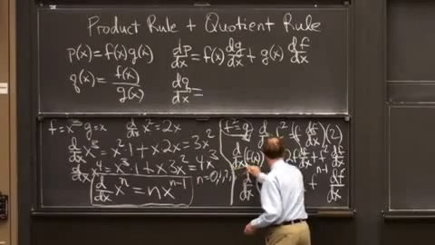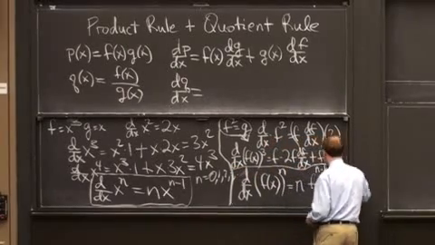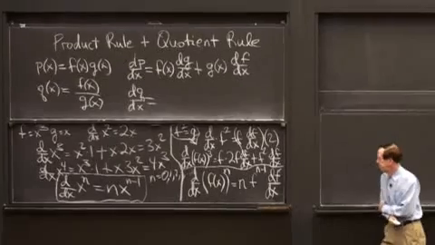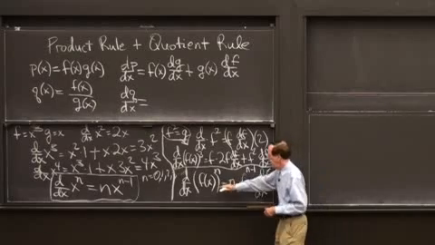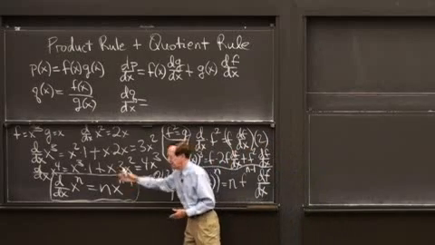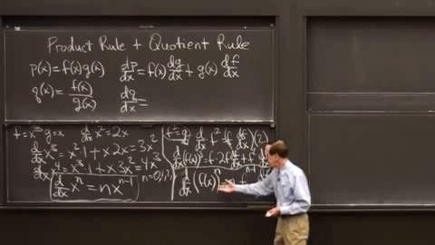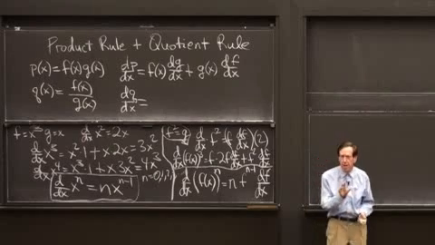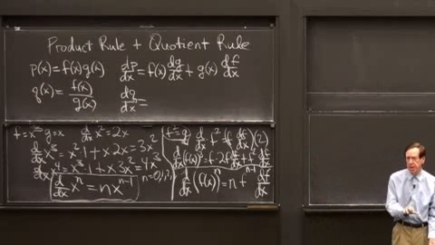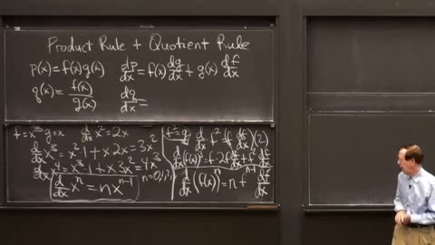That you could call the power rule. The derivative of a power, this would be the power rule for just x to the nth, and this is the derivative of a function of x to the nth. There's something special here that we're going to see more of.